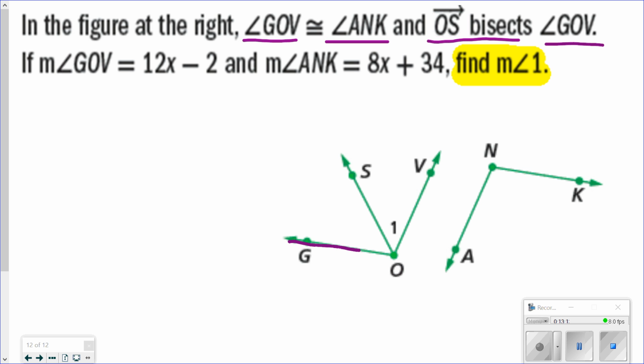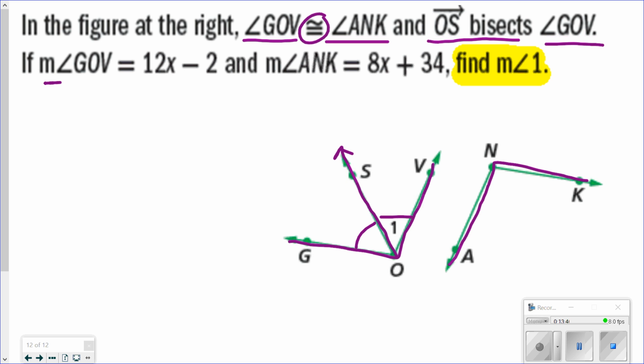So GOV is this angle, and ANK is this angle here. They are congruent, which means they're going to be the same measure. I'm also told that ray OS bisects angle GOV. Bisect means cut in half. So this angle is the same measure as that angle.